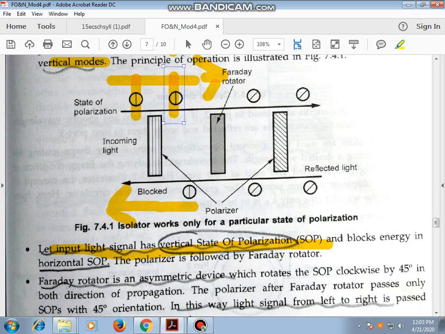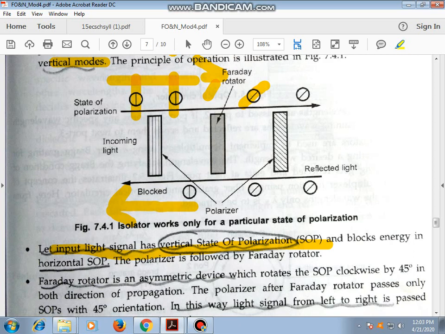It will rotate this vertically polarized signal to make a 45-degree tilt. As the light signal moves from left to right, it has to pass through the Faraday rotator. It will allow this and tilt it by 45 degrees, and it will go on.